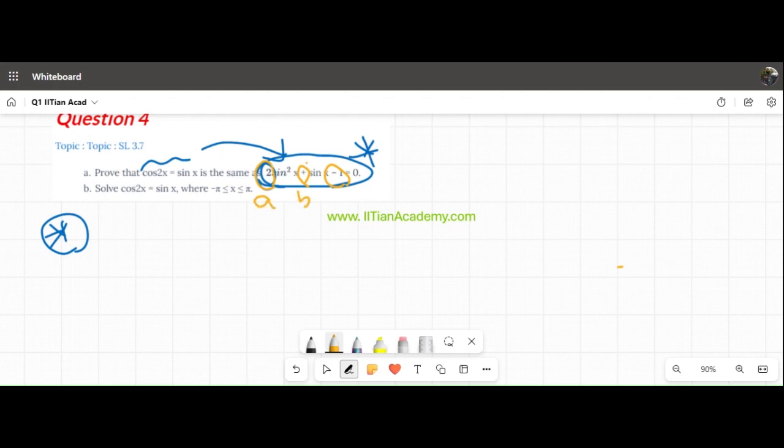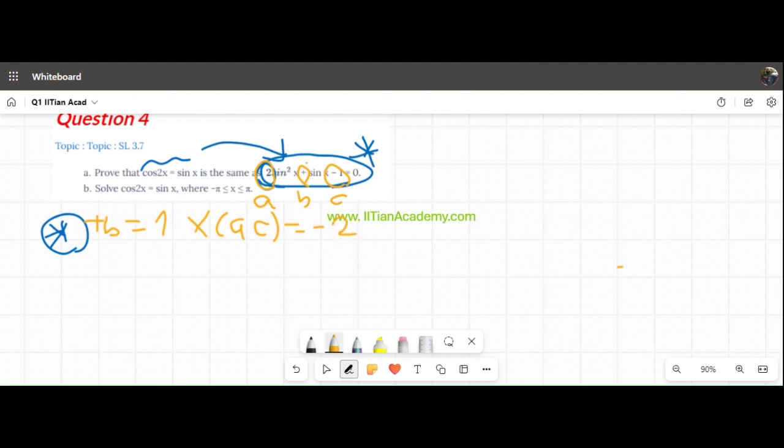Okay, I'm going to write these as A, B, C. So we want to find numbers that add up to B, so B is 1, and multiply to A times C, which will be equal to negative 2, all right?